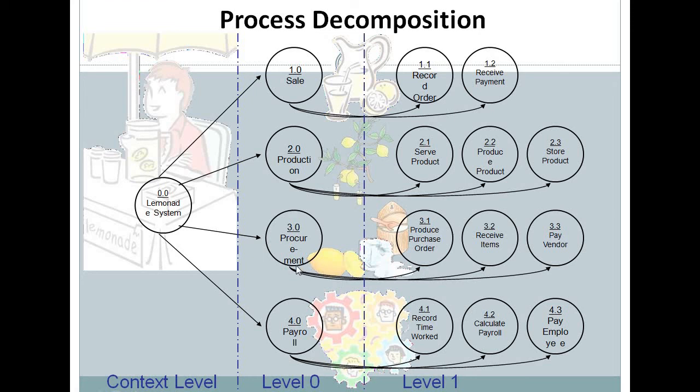Procedure: purchase order, receive items, and payment to vendor. Now students, have you noticed that firstly I completed payroll and record time worked, calculate payroll and payment.